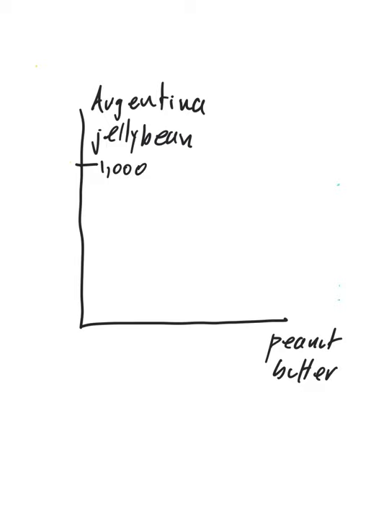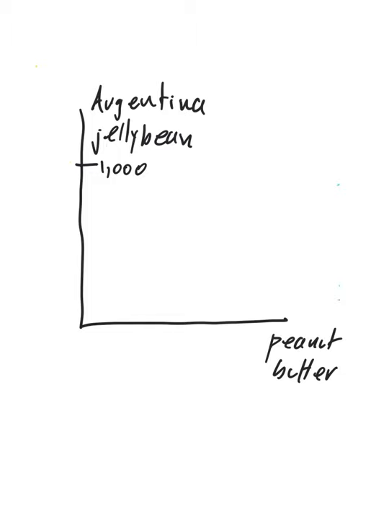Argentina has 1,000 hours of labor, and 1 hour of labor produces 1 pound of jelly beans. So that's like Chile. So the intercept on the vertical is 1,000. And of course, we're going to label the vertical and the horizontal for Argentina the same way that we do for Chile. So everything is comparable.